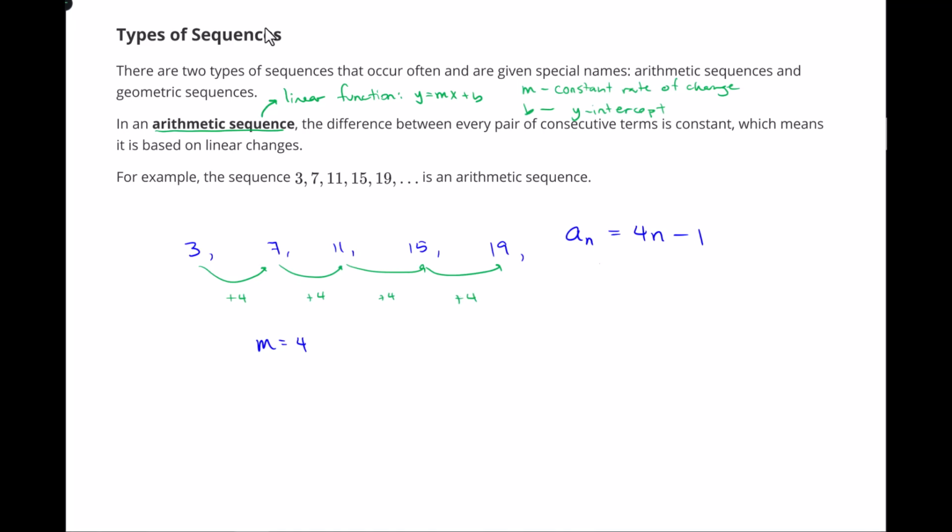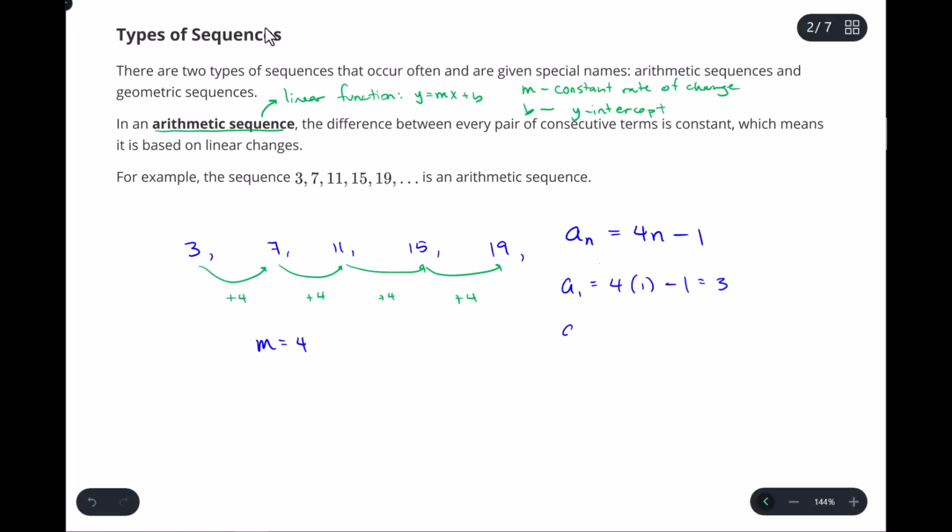Of course you can check a couple different values to make sure it works out, but it always should. Let's say n equals 1, 2, 3, 4, so a sub 4 would be 4 times 4 minus 1, which would be 16 minus 1, or 15. So it checks out.